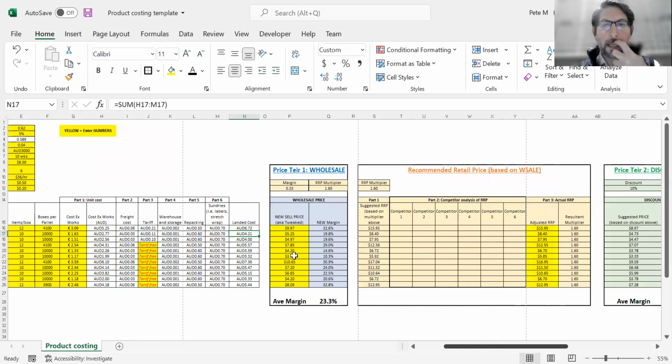So what we've got here is some initial approximations around the sell price, and that's based on the projected margins that we want, as well as what we think the markup should be. It's a bit of an approximation. Some people will have a different markup or a different expectation on how much they want to make per product.